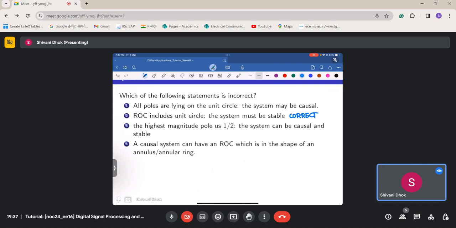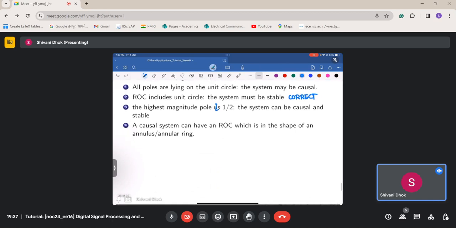The third point which is given to us is, the highest magnitude pole is half, the system can be causal and stable. So yes, what is given is that the highest magnitude pole is half. From the discussion that we did in the previous question, in order to understand the stability based on the location of all the poles, we have a pole with magnitude half.